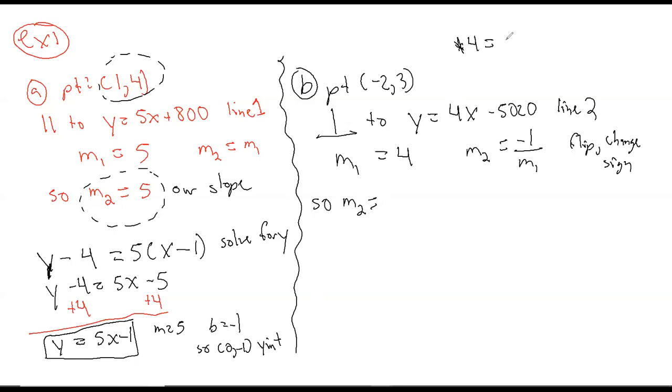When we do this flip and change sign, the 4 and the 1 become 1/4. It was positive though, so now it's negative. So m2 is now -1/4, and this is the slope that we need.